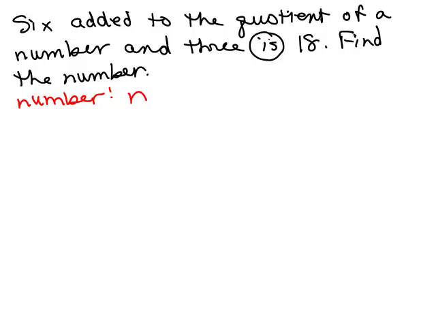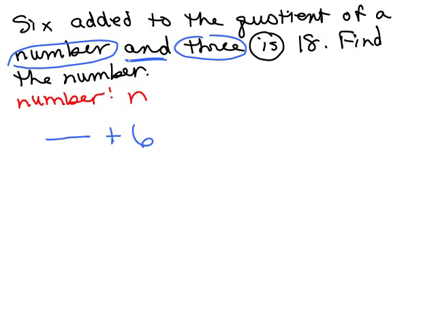So we've got 6 added to something. All right, so I know I'm going to add 6 to something. What am I adding it to? I'm adding it to a quotient of a number and 3. Now, a quotient, remember, means divide. And in algebra, we use a fraction bar. So the quotient of a number and 3, remember it's separated by that word and, those are the two parts of the quotient.